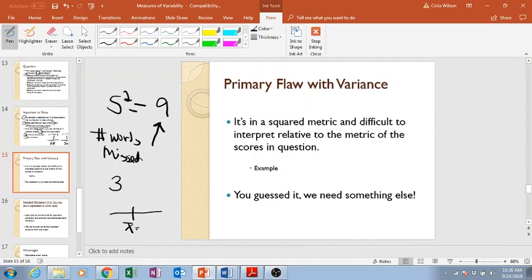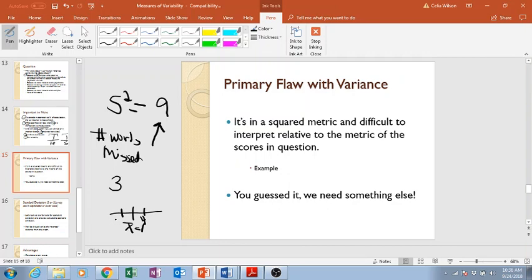So if this is the mean, maybe on average they miss 1 word. So the mean number of words missed is 1. On average, they're scoring 1 plus 3 is 4. 1 minus 3.